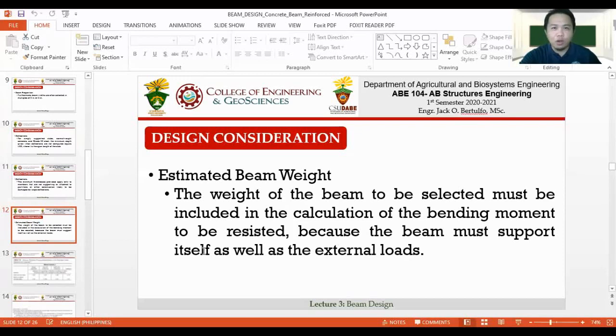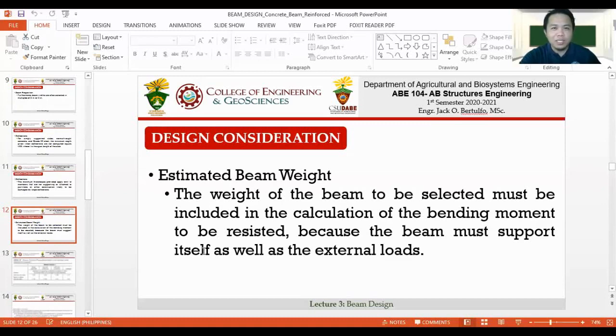So in estimating the beam weight, what we need is the cross section, because if we multiply the cross section of our beam by its density, we can convert it into a uniformly distributed load. From that, we can calculate the reaction, the maximum bending moment, the maximum shear, plus we add the external load, then we can design the beam.